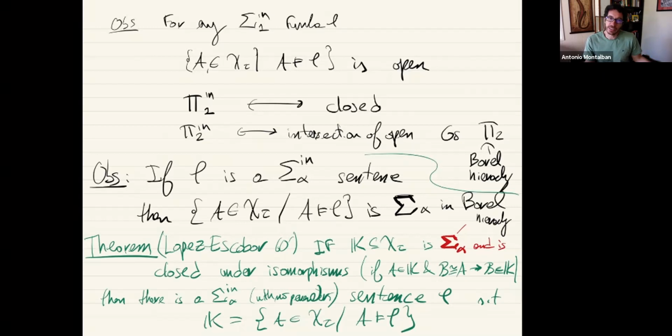If you have a set of structures that is closed under isomorphisms, and that is sigma alpha in the Borel hierarchy, then there is some sentence describing it from the inside. If you think about it, the two things are quite different. Sigma alpha in the Borel hierarchy defines a class of structures from the outside, taking unions and intersections. And this is something from the inside, which is writing a formula and seeing whether the formula is true about A inside or not.